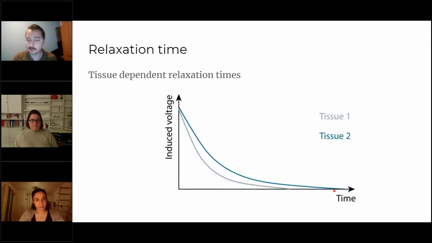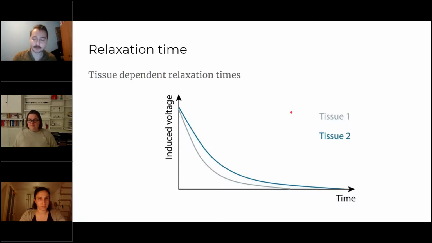Particular types of tissues will have faster relaxation times than others. Which means that if we actually measure this, then we can in fact know for sure which type of tissue this signal came from.